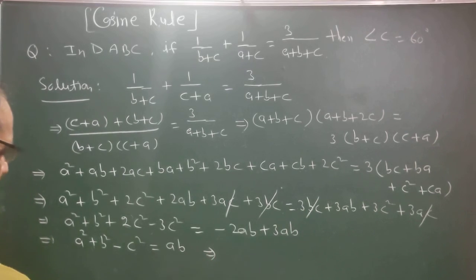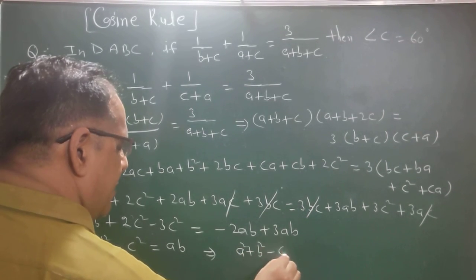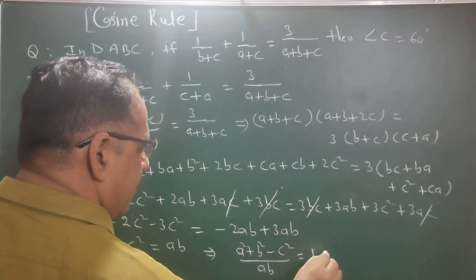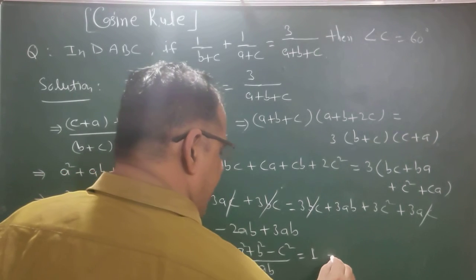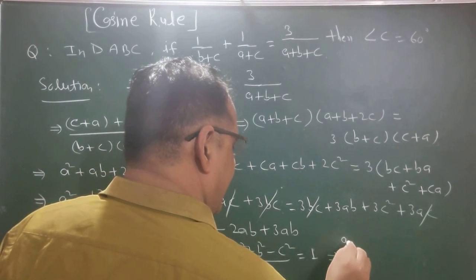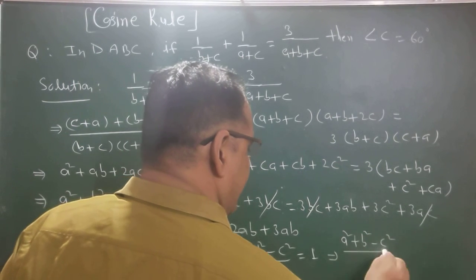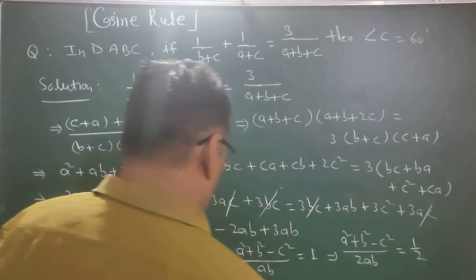This can be arranged as a square plus b square minus c square upon ab equal to 1. Take divide by 2 both sides. So now we have a square plus b square minus c square upon 2ab equal to 1 upon 2.